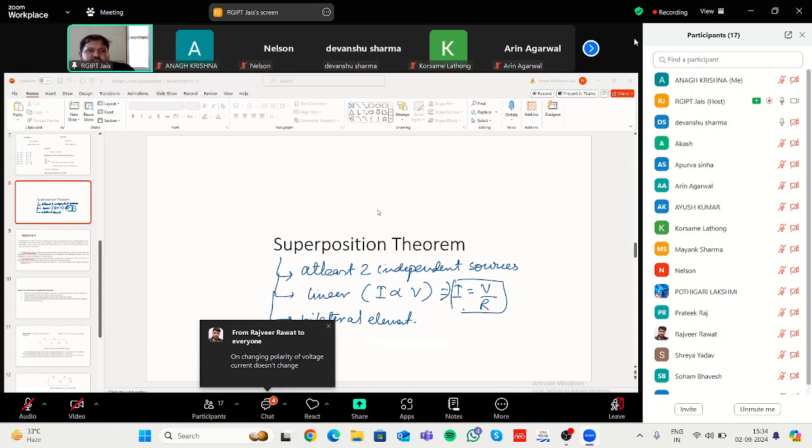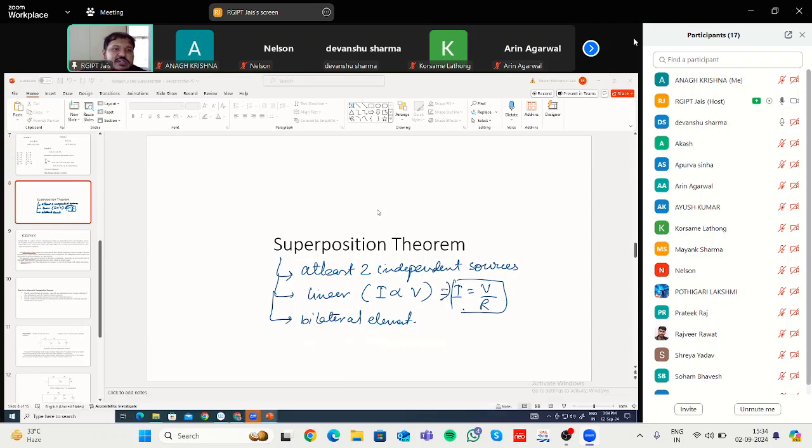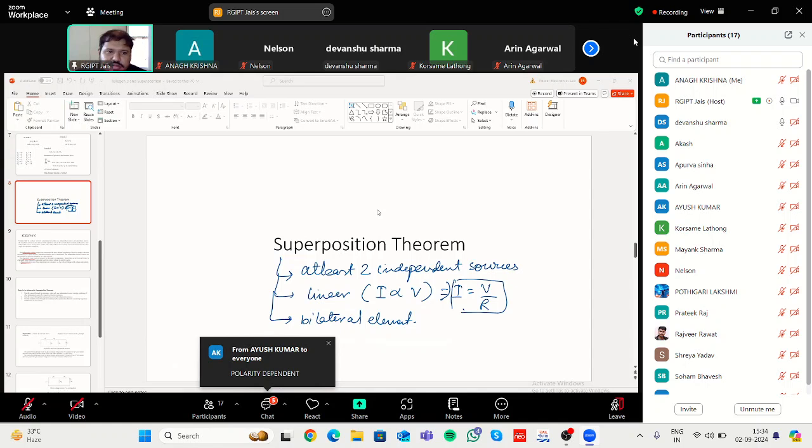Yes, on changing polarity of the voltage, the magnitude of the current doesn't change, but the direction will change. Okay. Polarity dependent. Yeah, both directions.